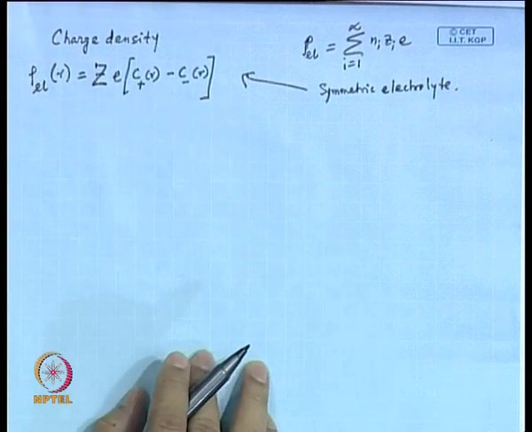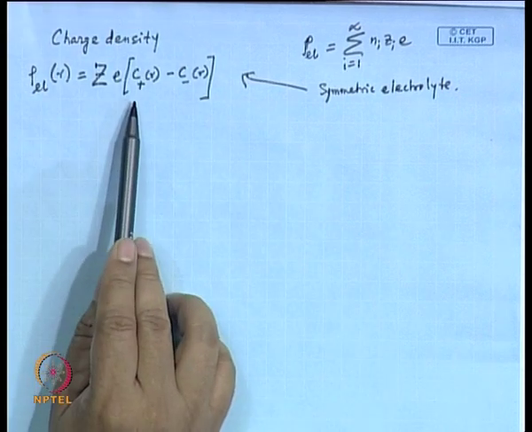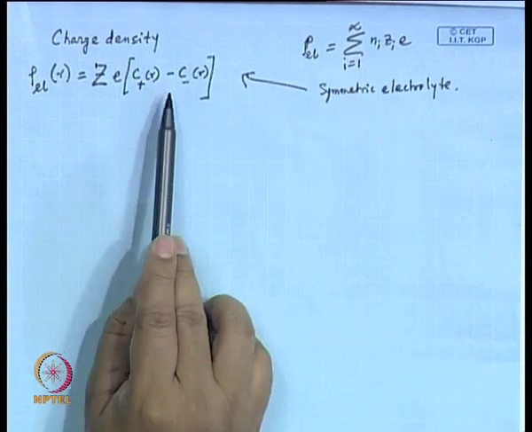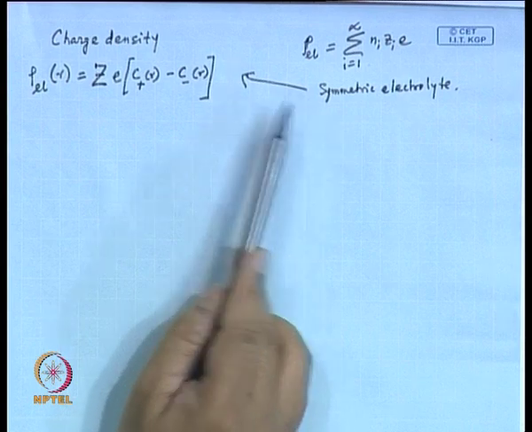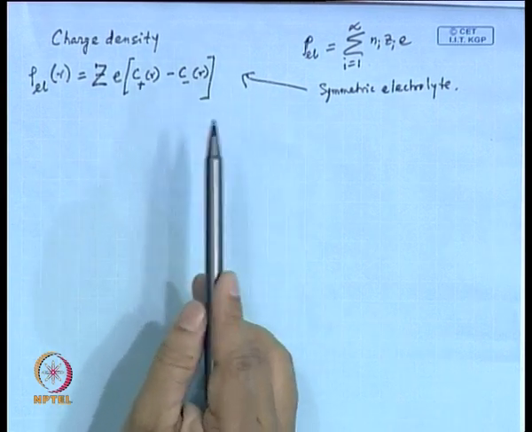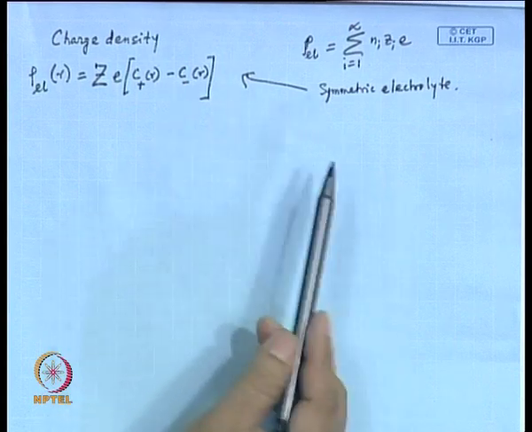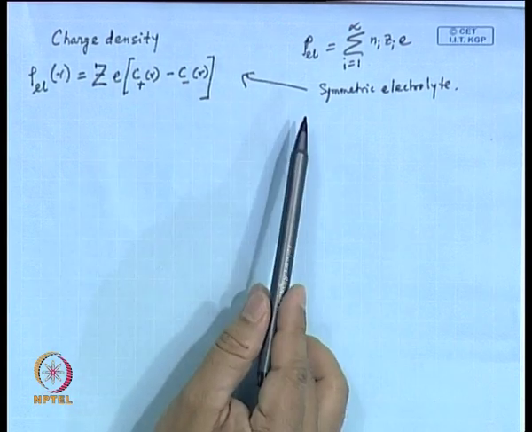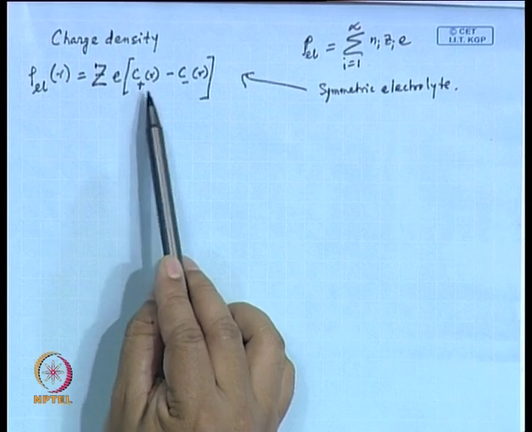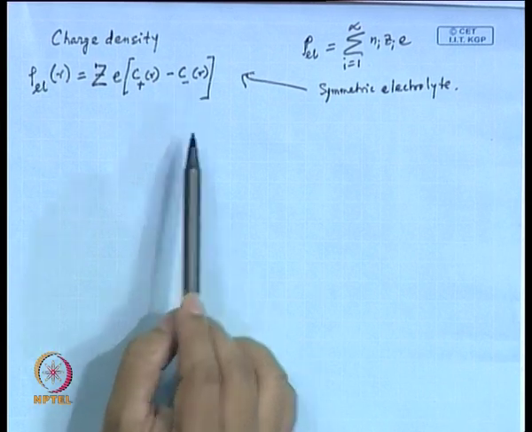Ideally, for all charges you need to sum them up, but since this is a symmetric electrolyte, that means NaCl dissociating into Na plus and Cl minus, it would be C plus r minus C minus r.